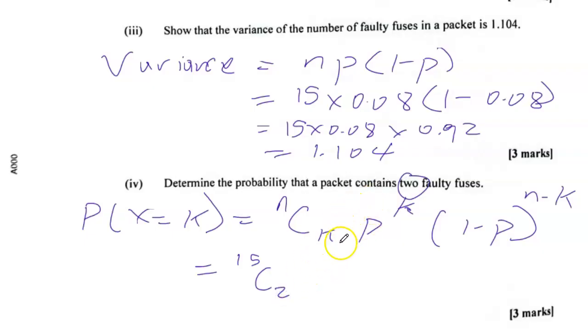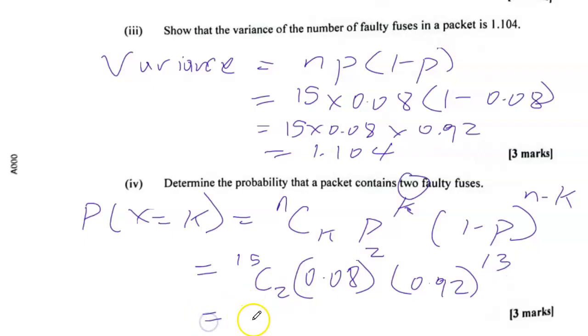P is 0.08 to the power of 2, times 1 minus 0.08, that's 0.92, to the power of 15 minus 2, that's 13. I put this in the calculator and this works out to be 0.2273.